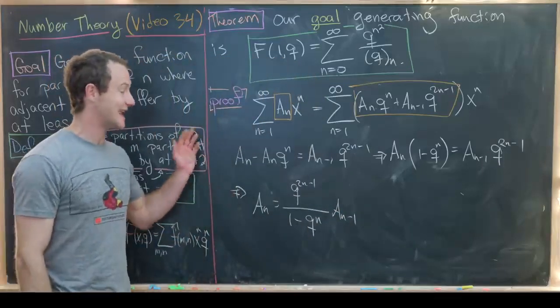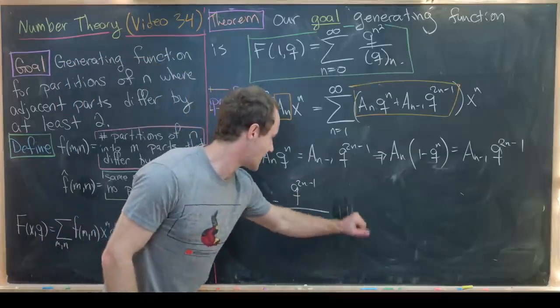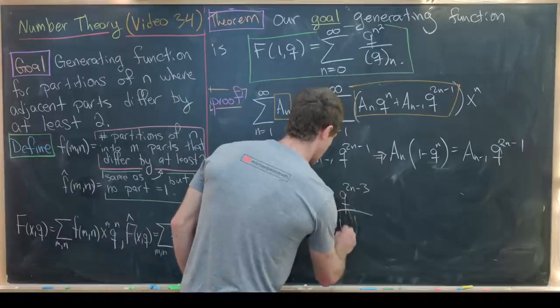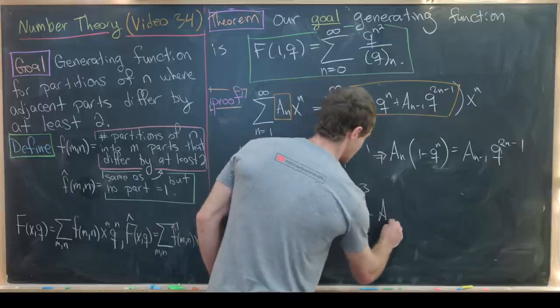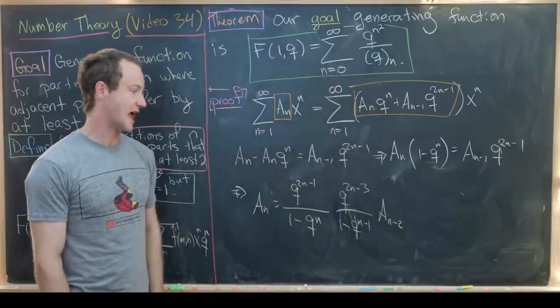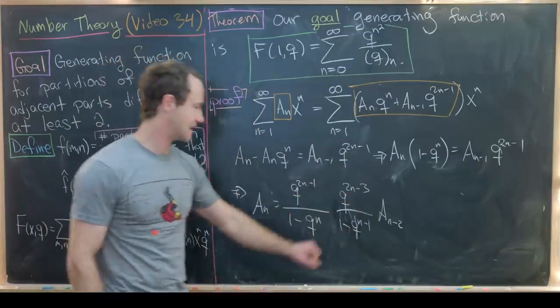And now we can just iterate this recursion. So we can replace a_(n-1) with q^(2n-3) over 1 minus q^(n-1), and then we'll have a_(n-2). And then likewise, we can replace a_(n-2) with another term times a_(n-3).